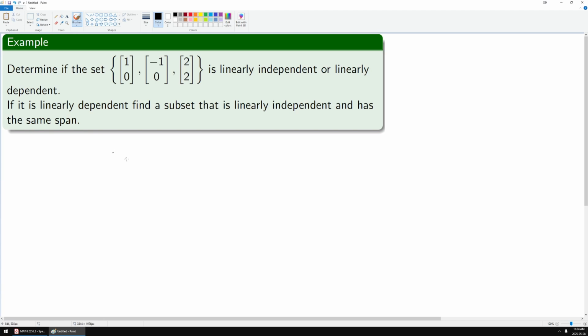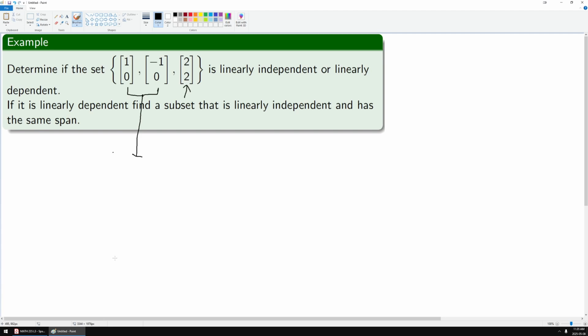Okay, so if I look at this, the first two vectors, well, we'll do this one slightly differently. If I look at this, this vector is the only one that does anything for the second component. And these two vectors only do something for the first component, right? So clearly, one of these two vectors we don't need, right?